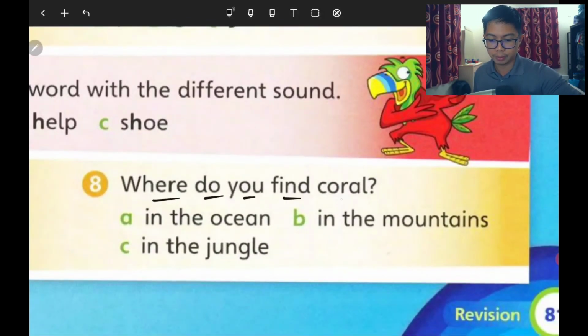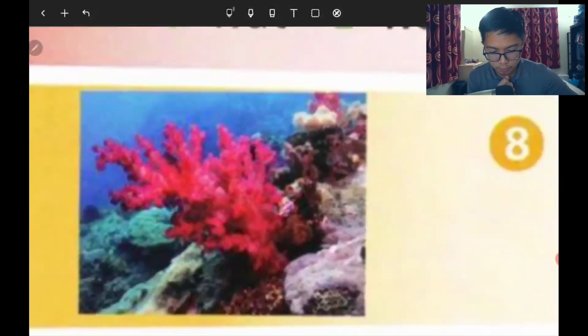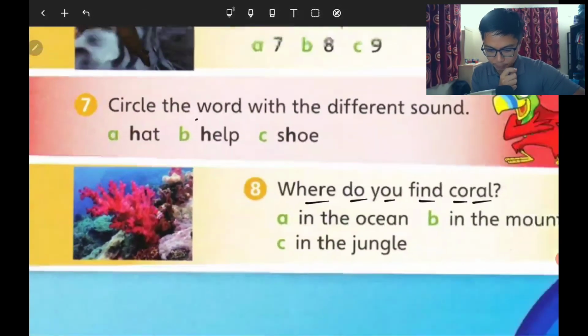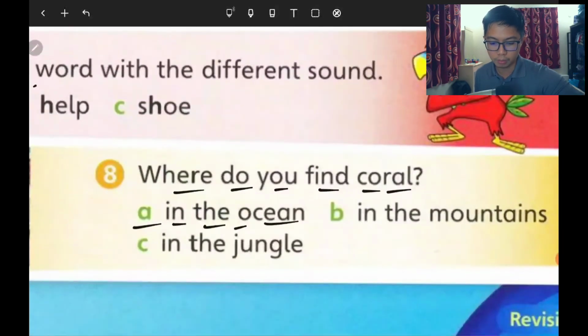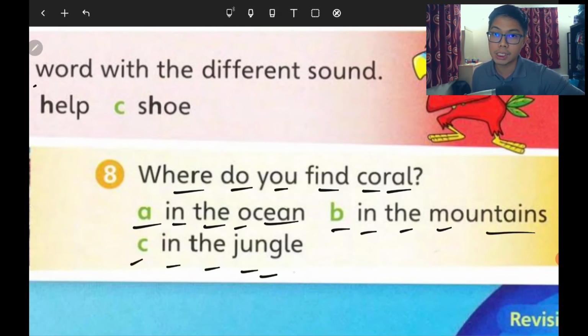Where do you find coral? This one, the coral on this picture, okay? There are 3 answers. Is it A, in the ocean? Or is it B, in the mountains? Or C, in the jungle?